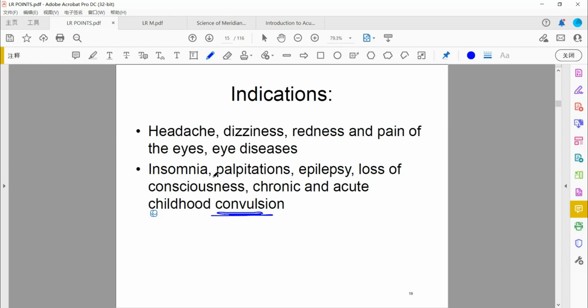When we say insomnia, palpitations, heart mind disturbed by the heat, we can use this yin spring point to clear the heat.